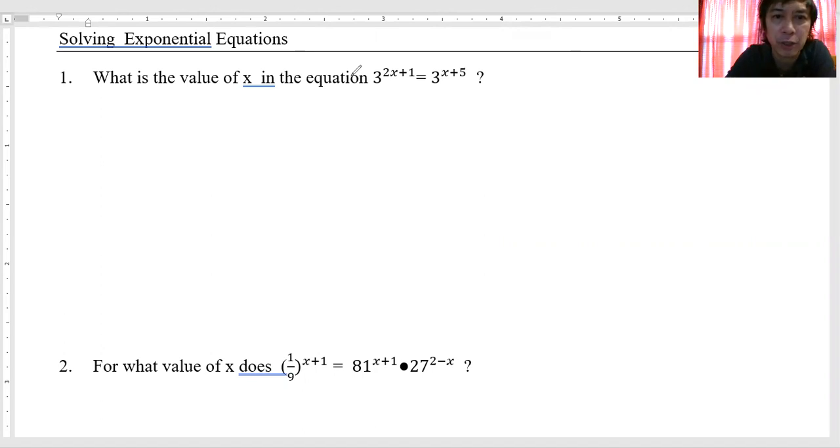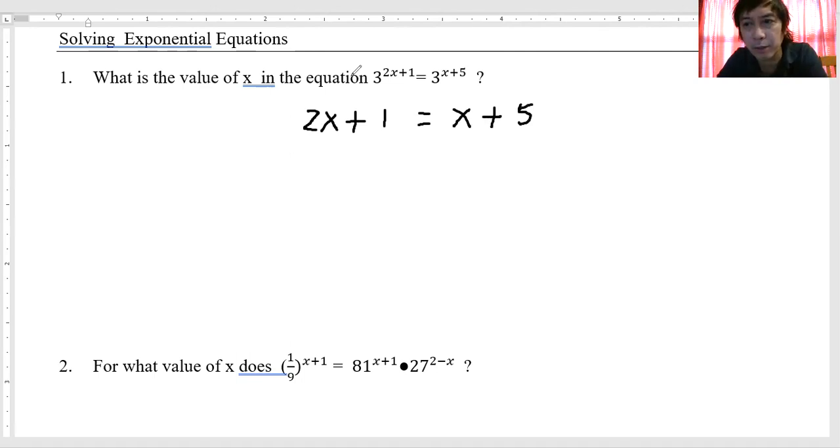And so we can start with equating the exponents. You're going to have 2x plus 1 must be equal to x plus 5, because both bases are 3 on both sides. That's the rule in solving exponential equations. And then you can ordinarily solve the linear equation or quadratic equation, whichever is the case.